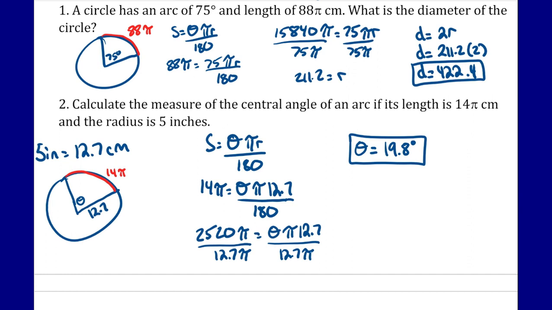Then I divided both sides by 12.7 pi because I had to cancel it on one side, and then theta would be on its own. Divide by 12.7 on the other side, the pi's just cancel out, and I can do 2,520 divided by 12.7, which gave me an angle or an arc of 19.8 degrees.